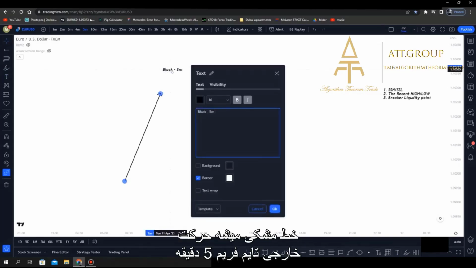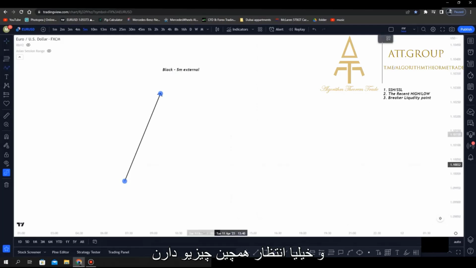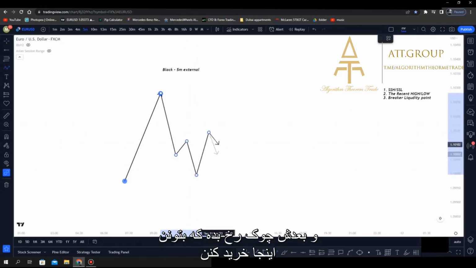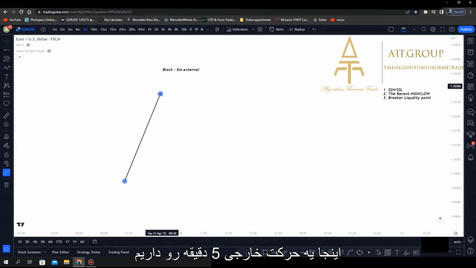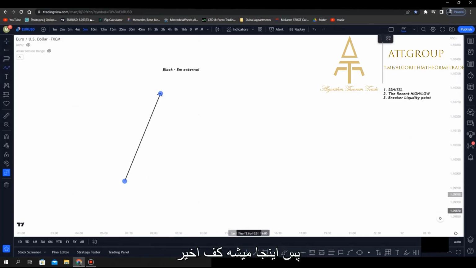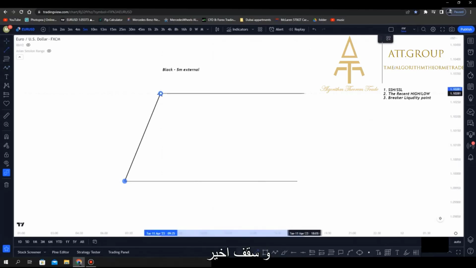Black would be 5 minute external, and a lot of people will be just waiting for this, and we have change of character so they can buy from here, but this is not how it works. We got this 5 minute external push, so this is the recent low and the recent high.